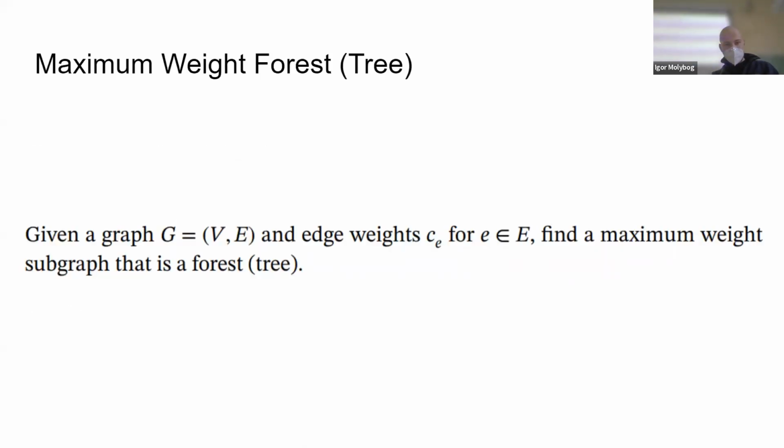Cool. The next example that we are going to be discussing is the maximum weight forest, or the maximum weight tree. A maximum weight tree, or a forest, is a corresponding subgraph.